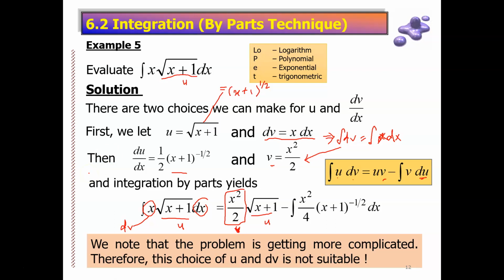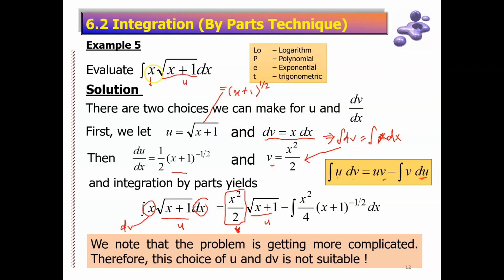So we move on to the second option. Previously we used this part as our u, so how about we change it? The second choice we're going to make is to choose x as the u.